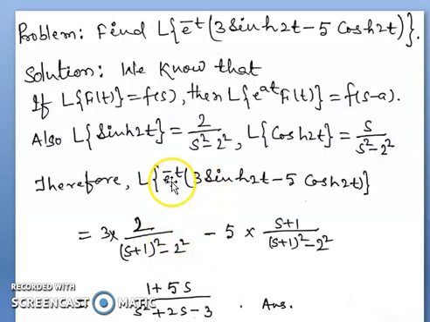Means that here the power of e to the power minus t means the value of a is minus 1, so it becomes (s plus 1) whole square minus 2 squared.